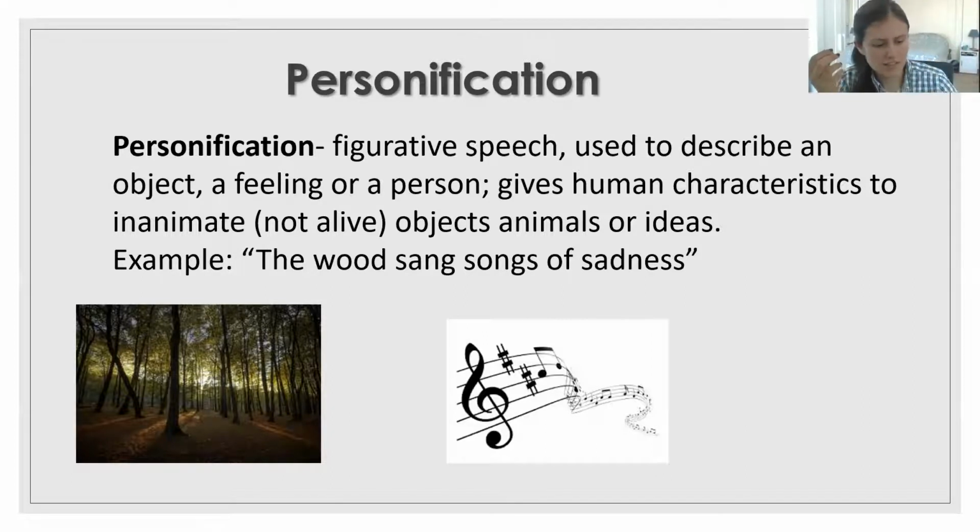Now, can my pen whisper? No. But if I said, as I was writing, my pen whispered to me how to spell the word, now I'm using personification. I'm giving a human characteristic to a pen, because a pen cannot whisper.